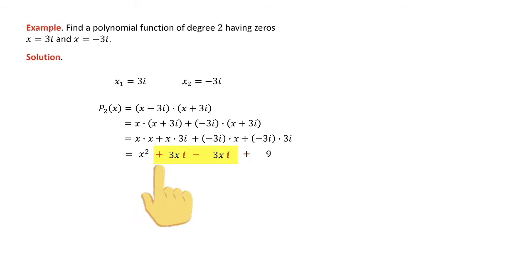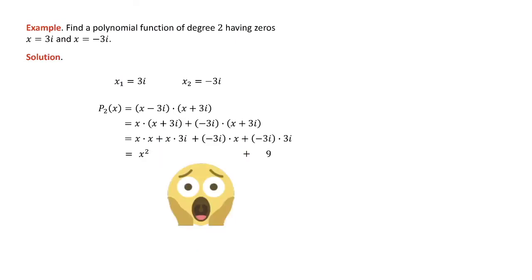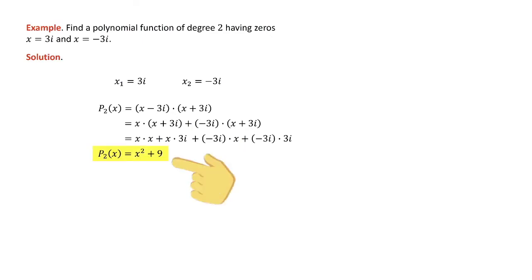And notice what happens with these. 3xi minus 3xi, they cancel. That's a good thing, because our polynomial can only have real coefficients. If you get a coefficient like i in front of the x, or 3xi or 6xi, it can't be. We have to have only real coefficients.